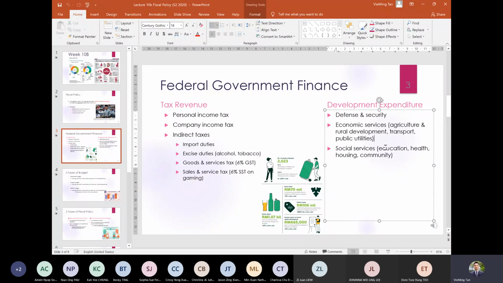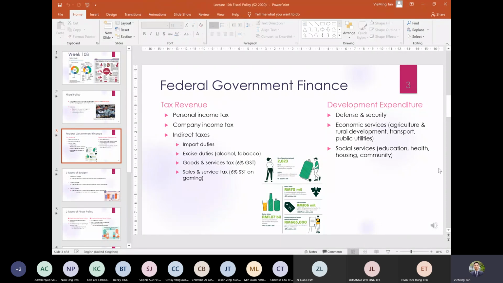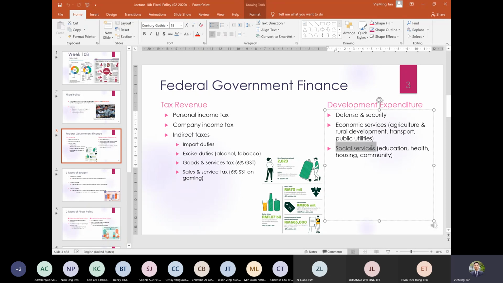The government may also need to spend money on improving public utilities, such as electricity and water supply. All these have to be improved for the benefit of the nation and can also encourage economic growth.